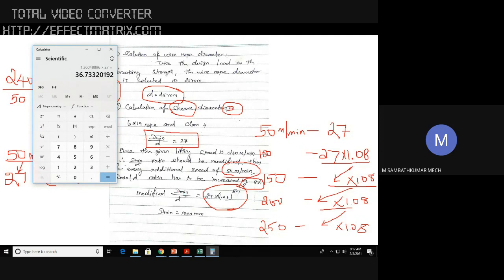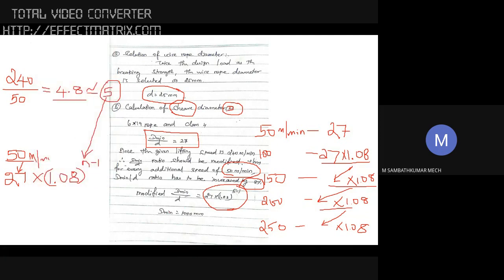The capital D by small d value is equal to 36.73, and you know the small d is equal to 25. So when you multiply with 25, you will get 918. So the actual value is D equal to 918. But you should select the standard value.